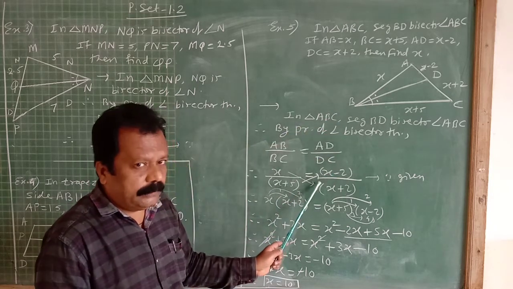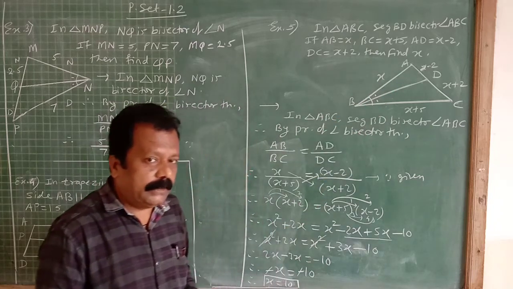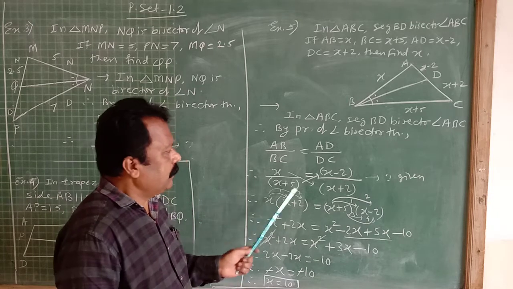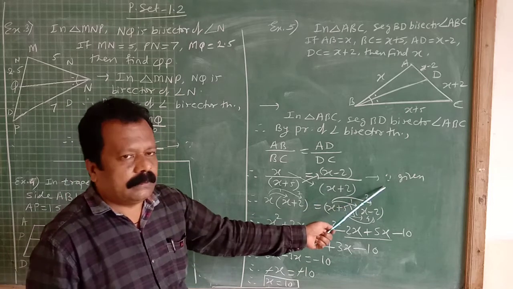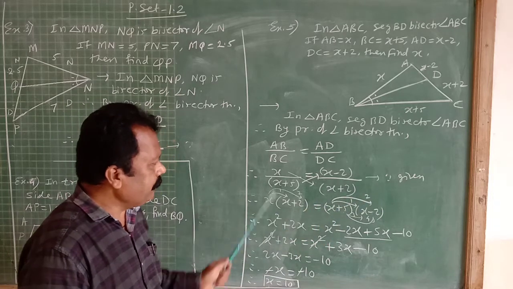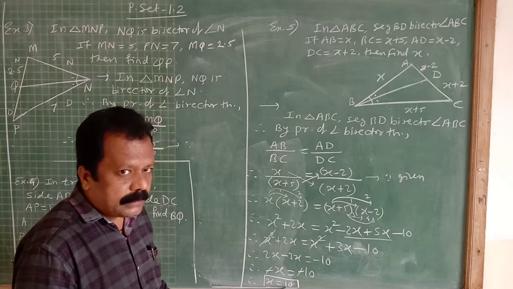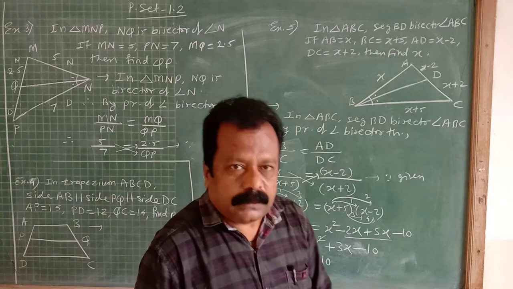Values are not in numbers because you have to find the alphabet x, means value of x. So they are given not in numbers, given in variables and binomials. Then also we have to substitute their values. Taking cross multiplication, you will get this simplification and you will get the value of x. This is about the solution.